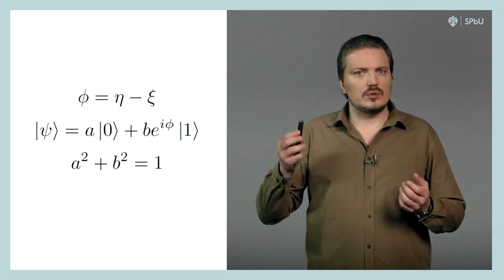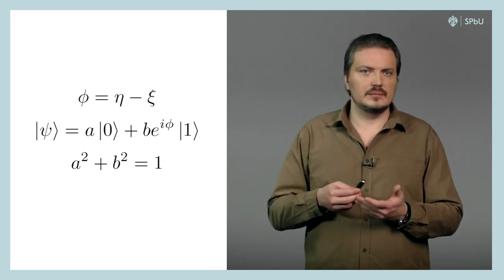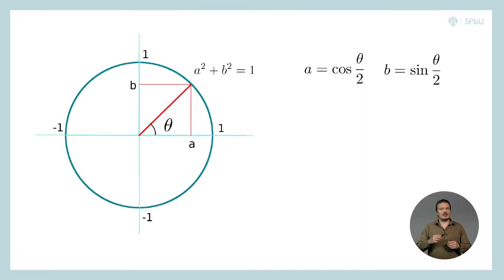The sum of two squared real variables equals 1. Does this ring a bell? Of course it does. It is just the equation of a circle with unit radius and with the center at the beginning of the coordinate system. And this allows us to represent these two parameters, a and b, with just one parameter, the angle theta.